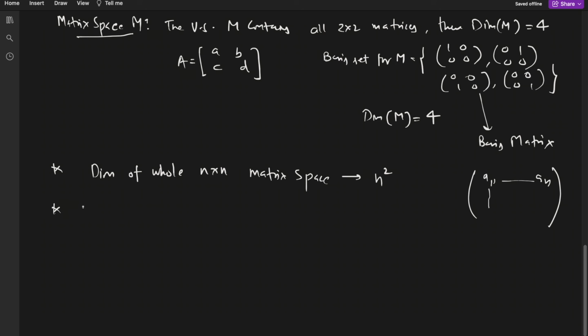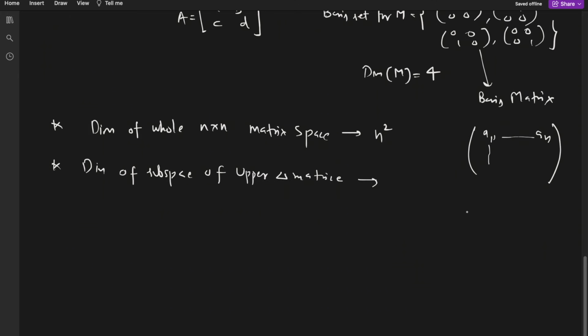Similarly, what is the dimension of the subspace of upper triangular matrices? Let us see. Suppose we have a 3 cross 3 upper triangular matrix. We know the values are a, b, c, 0, d, e, 0, 0, f. So these values are always 0, and only these values are there. How many values are there in each diagonal?